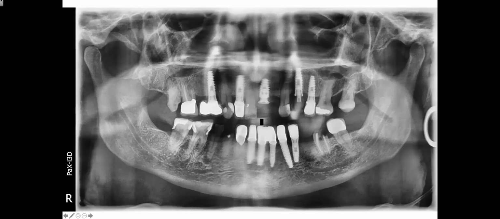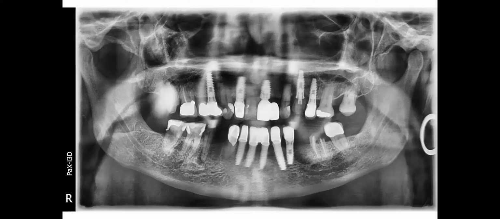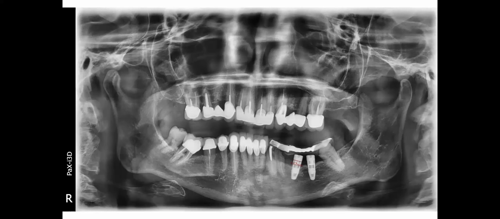There's one bone level here that was placed on the number 9 area. And it's held with a two-piece cantilever bridge. But again, you'll see a lot of these cases where patients will do things, you know, in segmented times, and one tooth will start falling apart on them. So you tackle that for them.